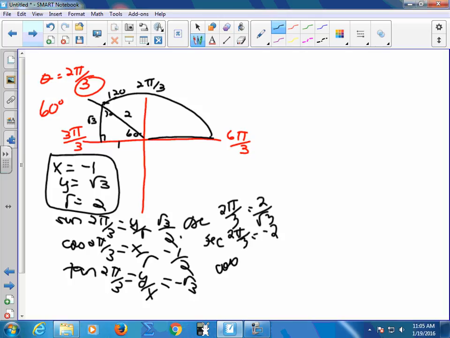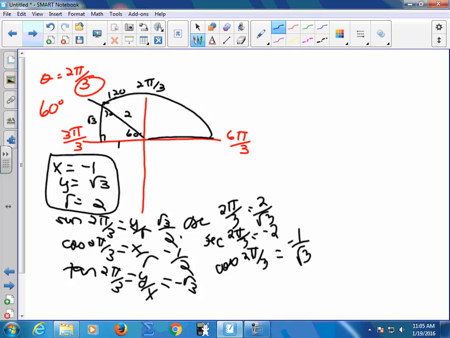And cotangent of 2 pi over 3, now I have to put that 1 back there, negative 1 over radical 3. Does this make sense? Tell me if it doesn't. Everybody's able to do this. You can figure out what special triangle you need.